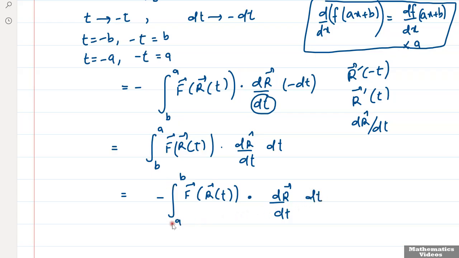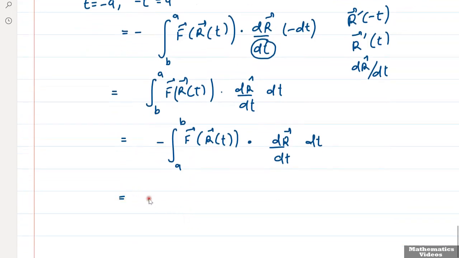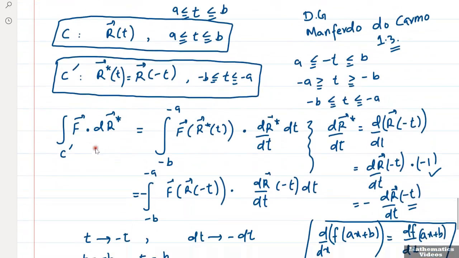What is this integral equal to? This is simply the line integral of the vector field f over the curve C. So the minus remains as it is. This definite integral is the line integral over the curve C of the vector field f. What was the left hand side? This was the line integral of f over the curve C prime.